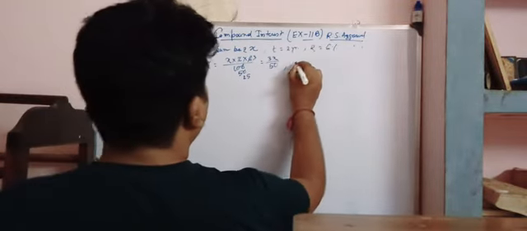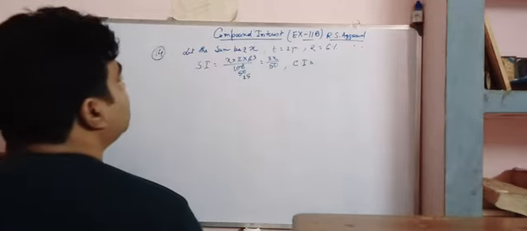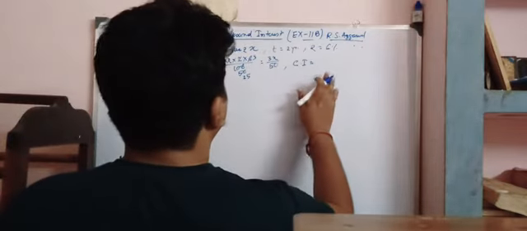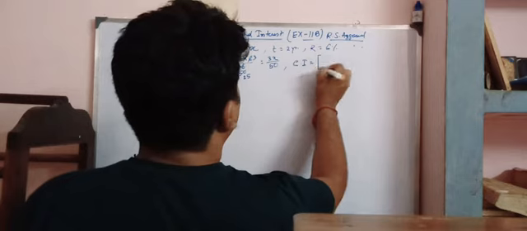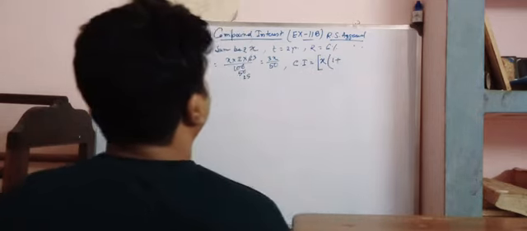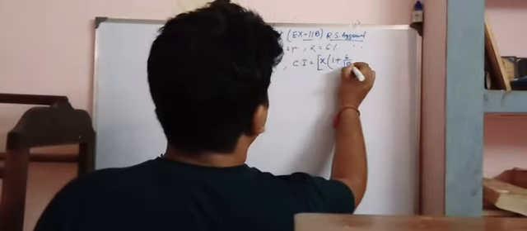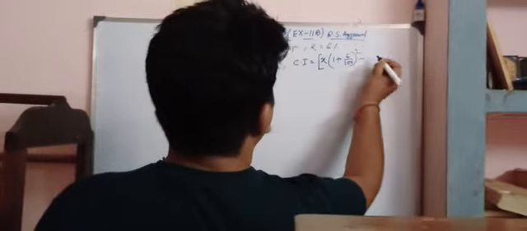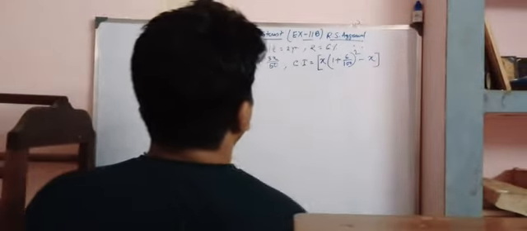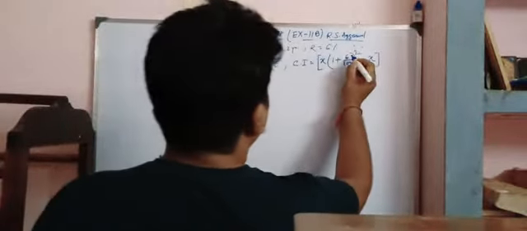That is my simple interest. And CI, compound interest, for the same amount is X into 1 plus 6 by 100 to the power 2 minus X. That is my compound interest. Now compound interest is always greater than simple interest, we know.